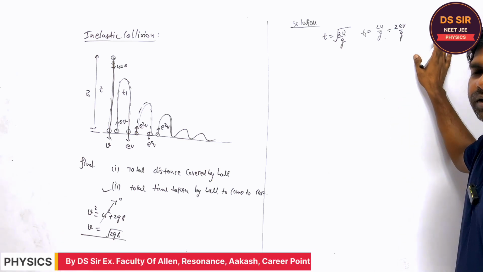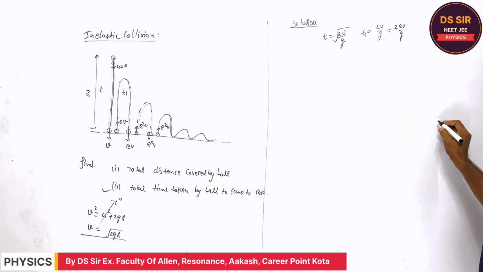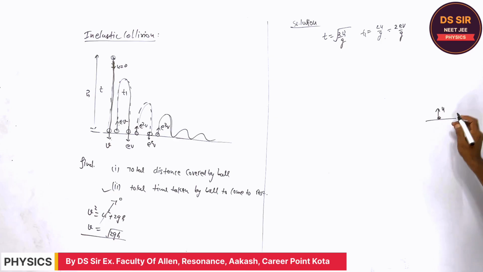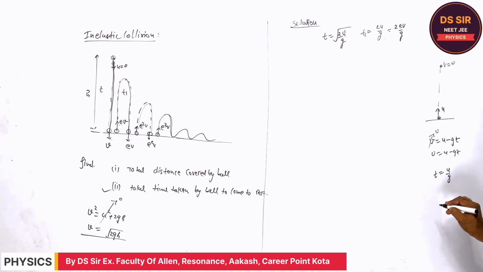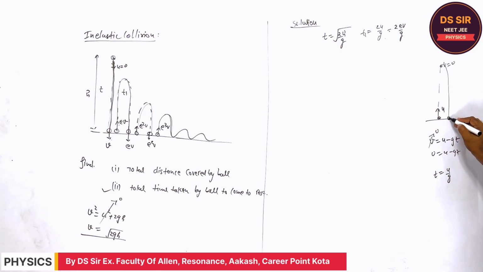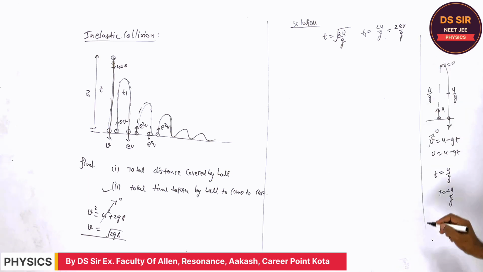Should I explain how it comes? Yes. If this is the speed u, the final speed is v. So v is equal to u minus gt, final speed is 0, so time is equal to u by g. So the same time it takes in descent. This is the ascent motion, time is u by g, and descent motion, the time is u by g. So total time is 2u by g. Yes, you can copy this first.